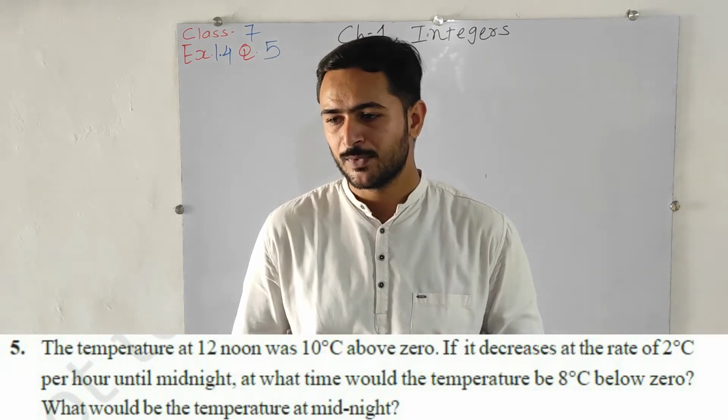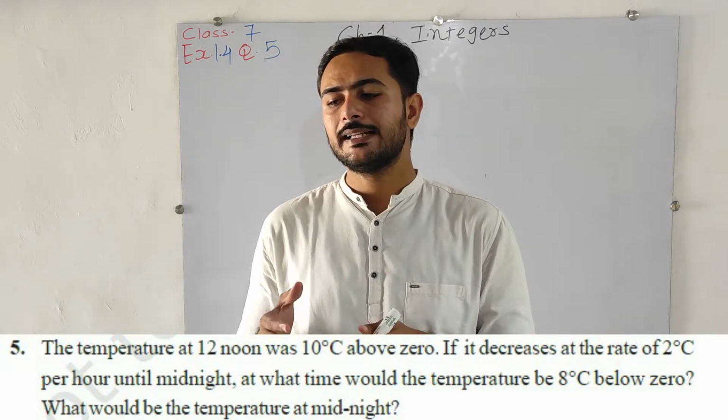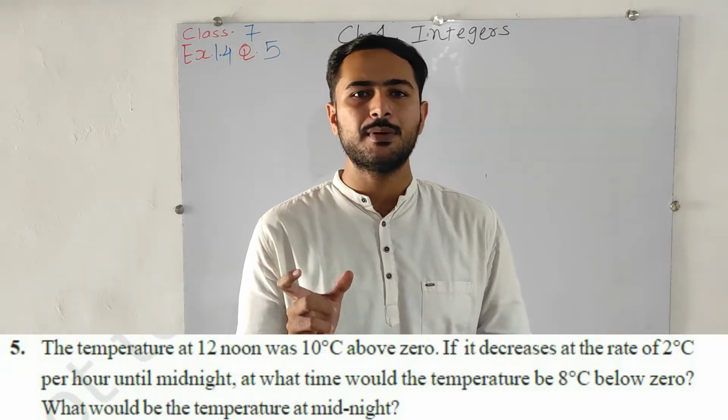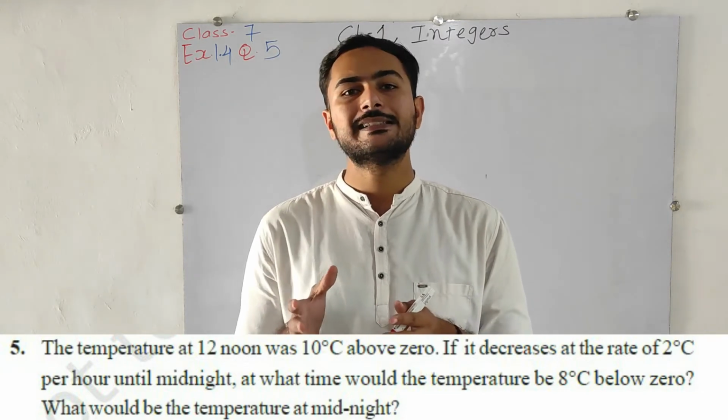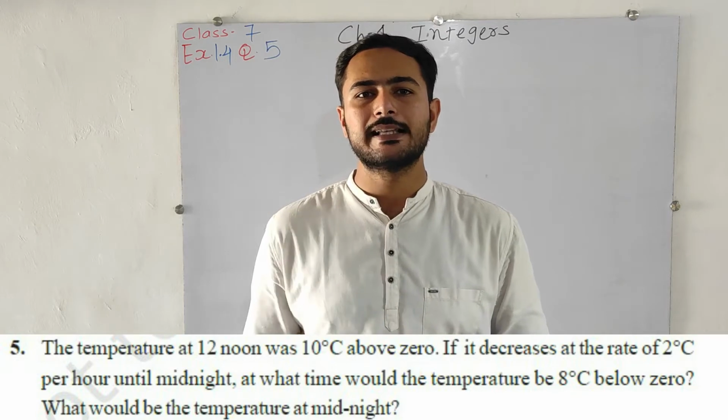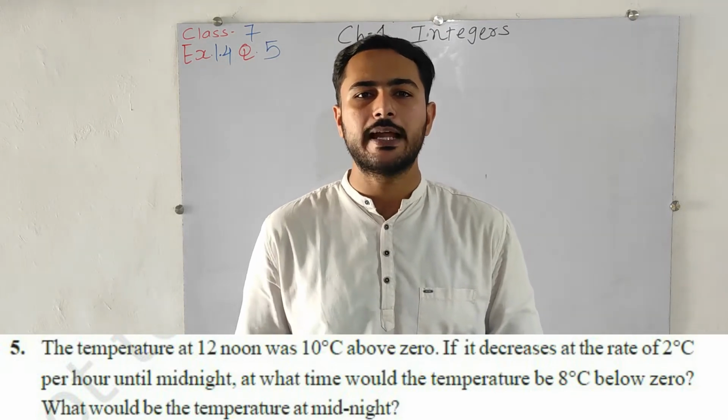The first one: we have to find out the timing at which the temperature will be 8 degrees Celsius below 0, meaning minus 8 degrees Celsius, and also the temperature at midnight.